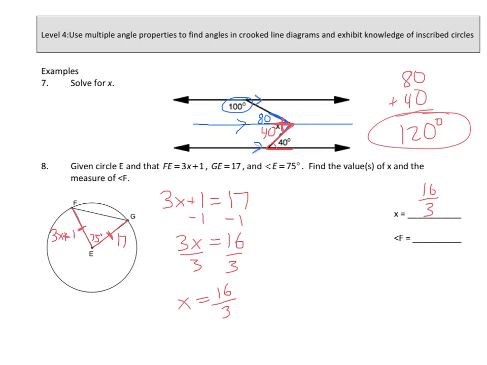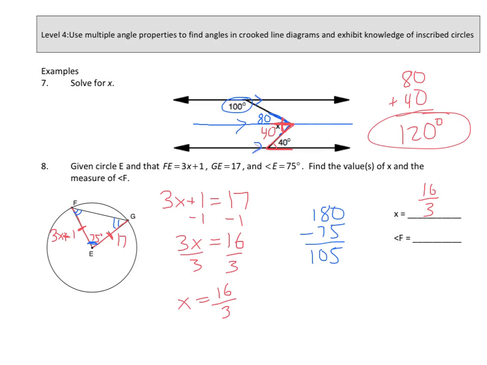And to find the measure of angle F, we already know the measure of angle E, so 75 degrees is the vertex angle, and these two angles F and G are the two base angles that are congruent. So if I want to find the measure of those base angles, I can subtract 180 minus 75, which gives me 105.